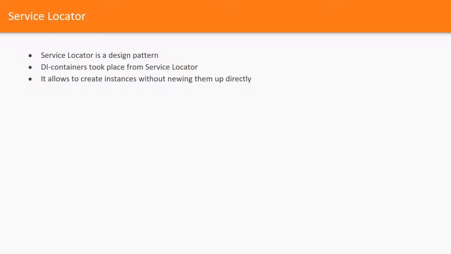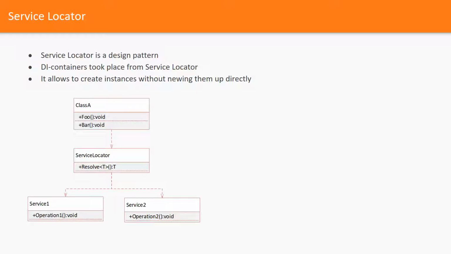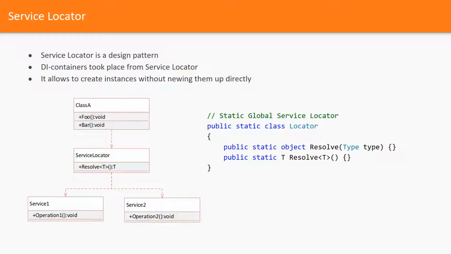Sounds like a DI container actually, but soon you'll see the slight but important difference between DI container and service locator. Here is a diagram which reflects the meaning of service locator design pattern. Most often, service locator is implemented as a static class, like in the following code snippet.